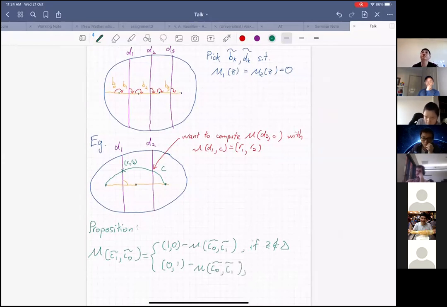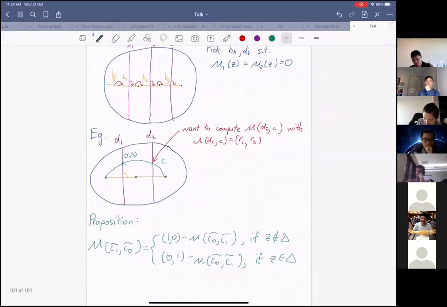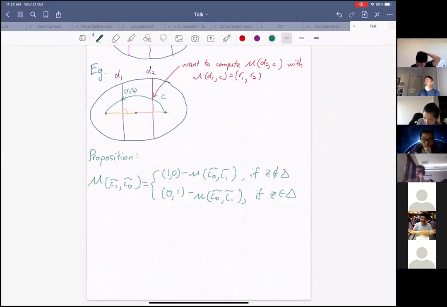Maybe I just go through this proposition so that it's clear in the definition how to do the computation. So for this computation, you just go back to my picture again. So this is 0, this is 1. Okay, you draw a circle.